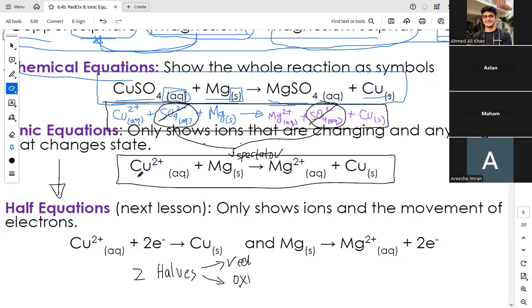So can anyone tell me which of these two species, copper and magnesium, is getting reduced and which of them is getting oxidized? Aslan, magnesium. Magnesium क्या? What magnesium?